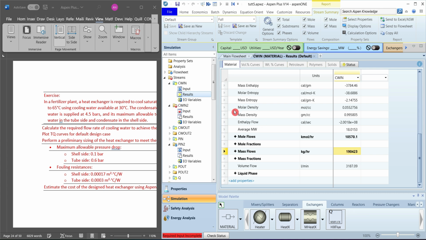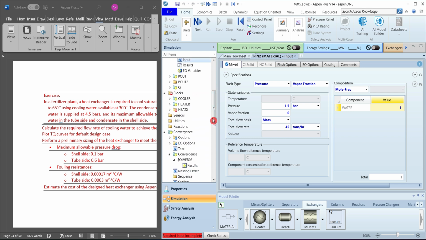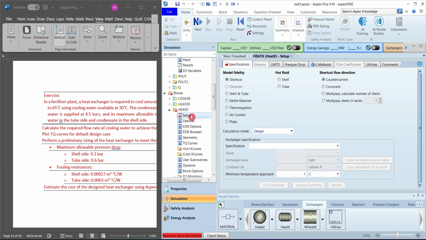You can copy the same number. 190,423 in kilograms per hour, and the fraction is 1. So then we have to move to the HeatX block and define the specifications of the HeatX block.